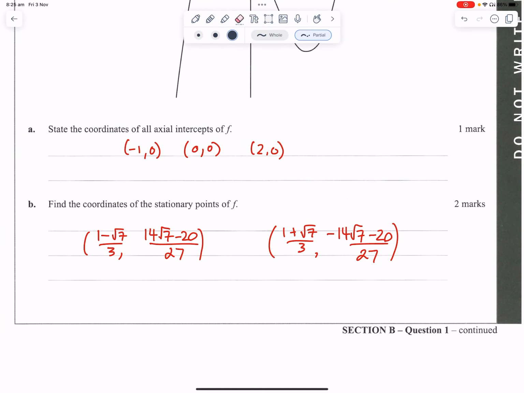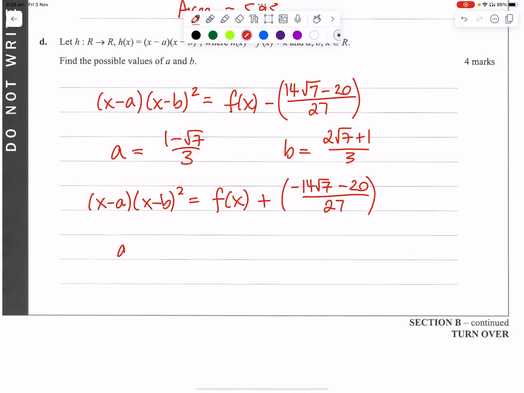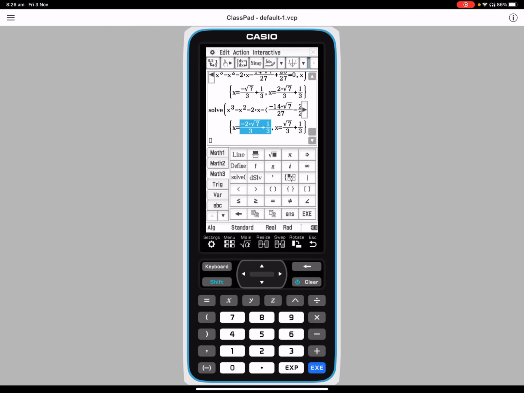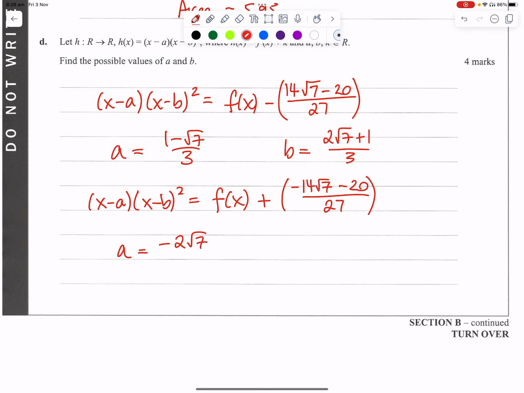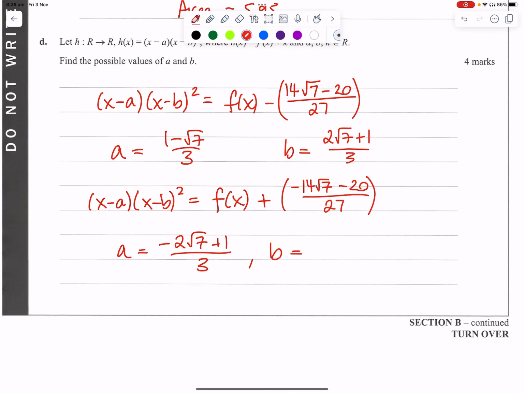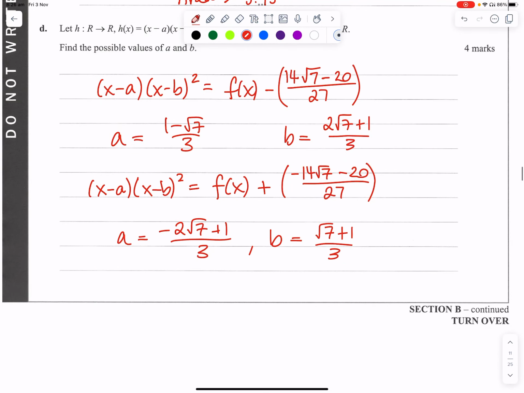So a is negative 2 root 7 plus 1 on 3, and b is root 7 plus 1 on 3. Okay, that was different.